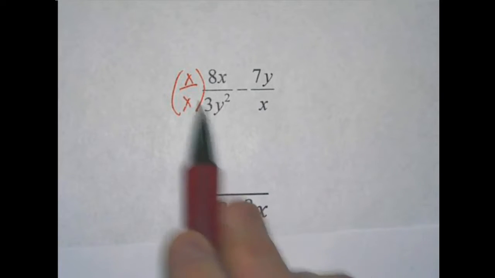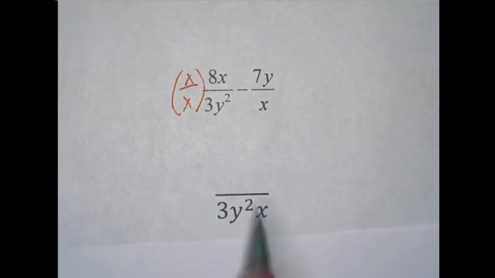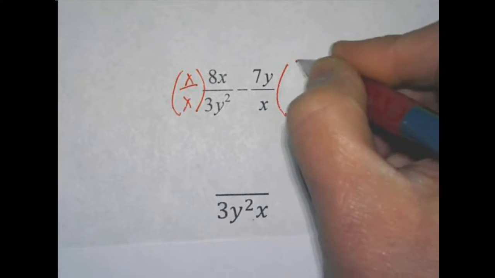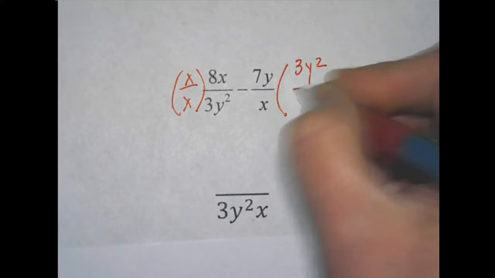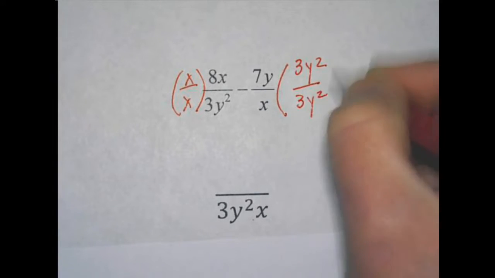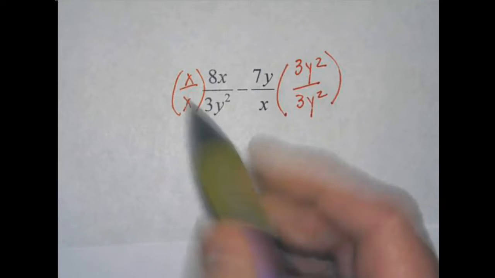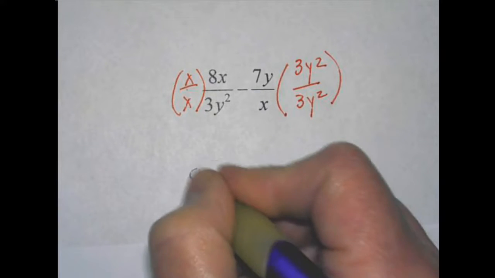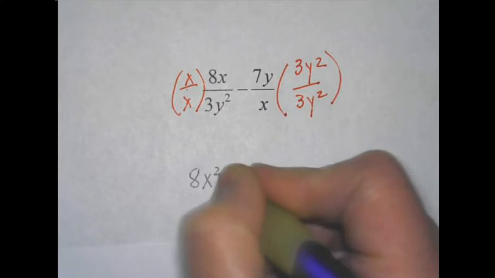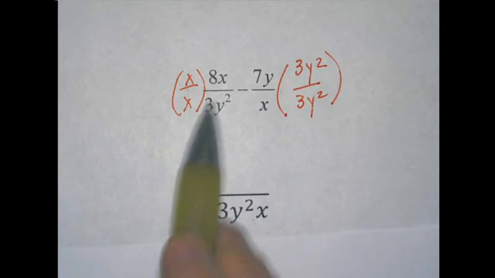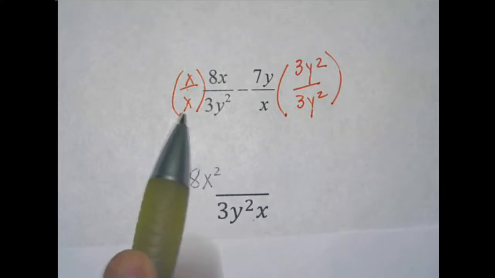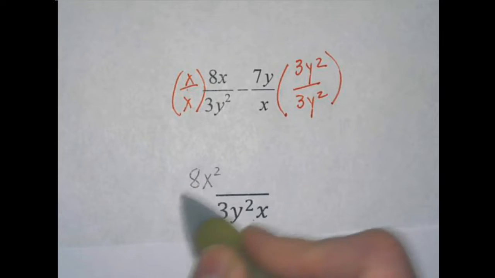This is missing the x term. This is missing the 3y squared. That's going to be 8x squared, and it has this common denominator, 3y squared x.